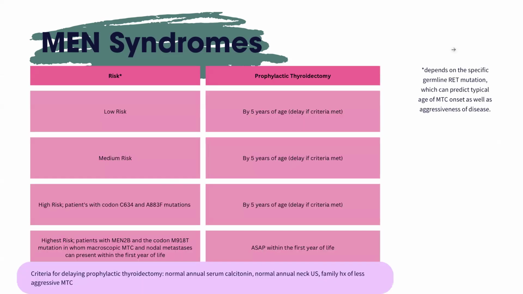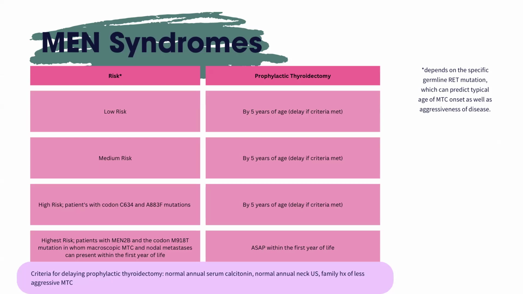So when it comes to a patient with known MEN, when do you perform a prophylactic thyroidectomy? This is dependent on the specific gene mutation that they have. MEN2B is the highest risk. Usually it encodes a codon M918T. Patients with MEN2B, you'll want to operate as soon as possible or within at least the first year of life.